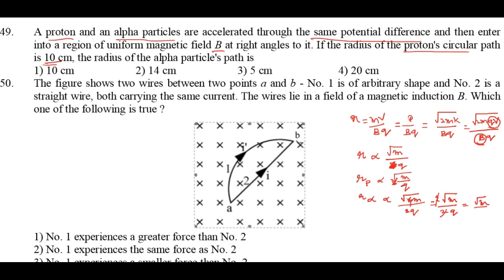So again you will get root m by q, which is the radius of the proton. So the radius of the proton will be equal to the radius of the alpha.